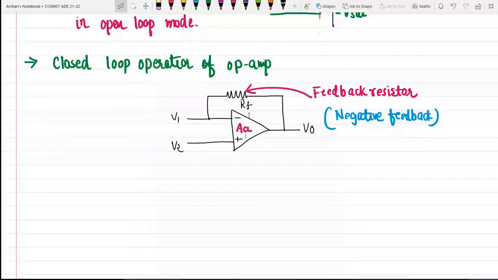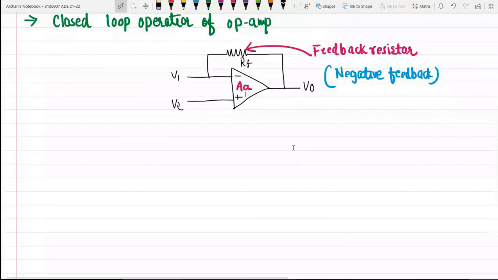Due to the reduced gain, the output is not driven into saturation, and the circuit behaves in a linear manner. Whatever linear relationship we expect at the output is provided with the help of this negative feedback.